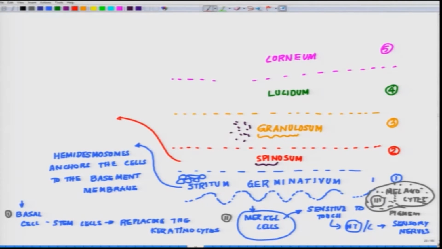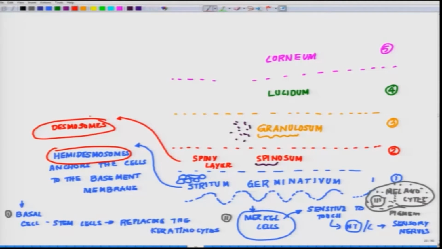spinosum, okay, which is the spinous layer or spiny layer, which I have already mentioned. In this layer, just like here, they are attached to hemidesmosomes. Here, these are attached to each other by spiny structures called desmosomes.